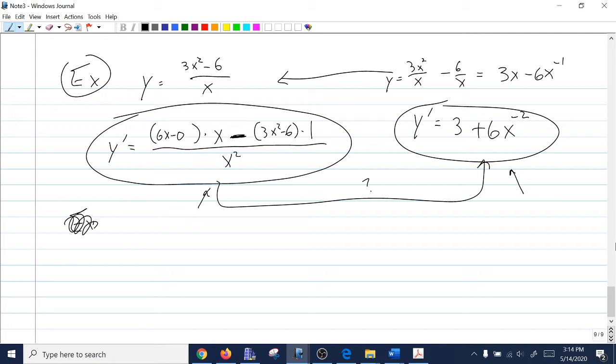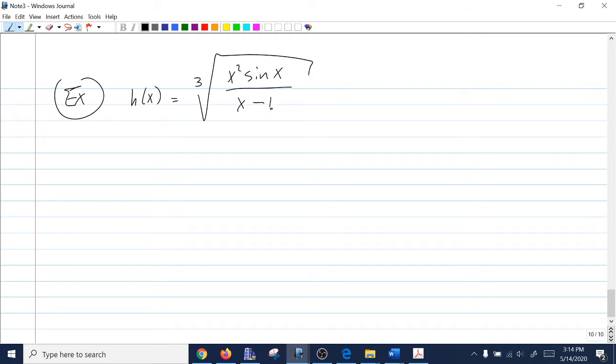Let's do some messier quotient rule problems. Let's do h of x is the cube root of x squared sine x over x minus 1. Gross.